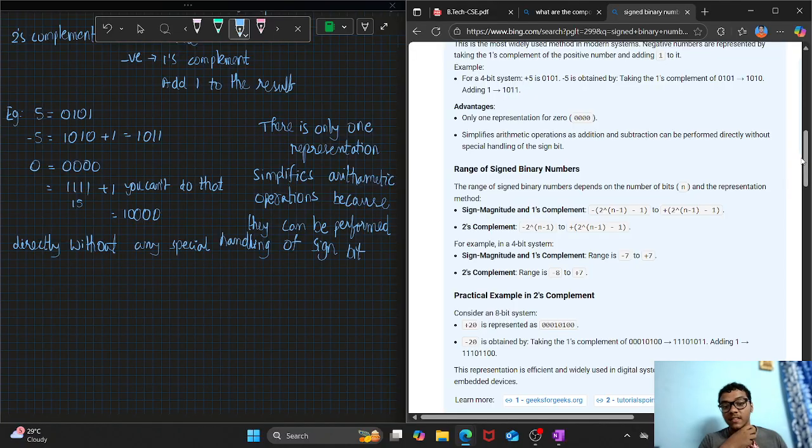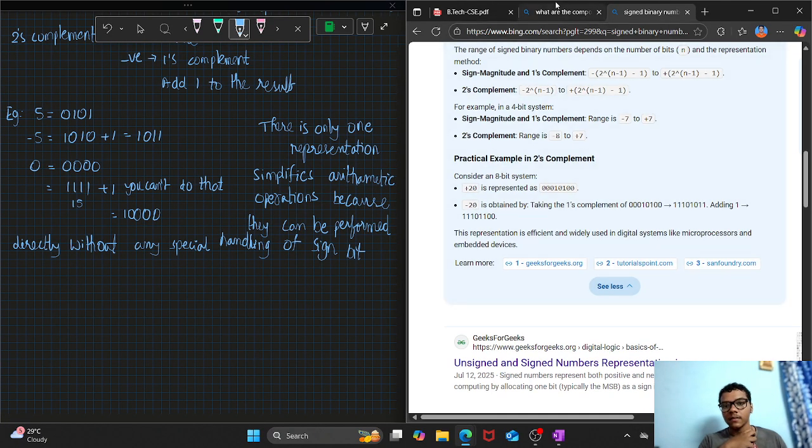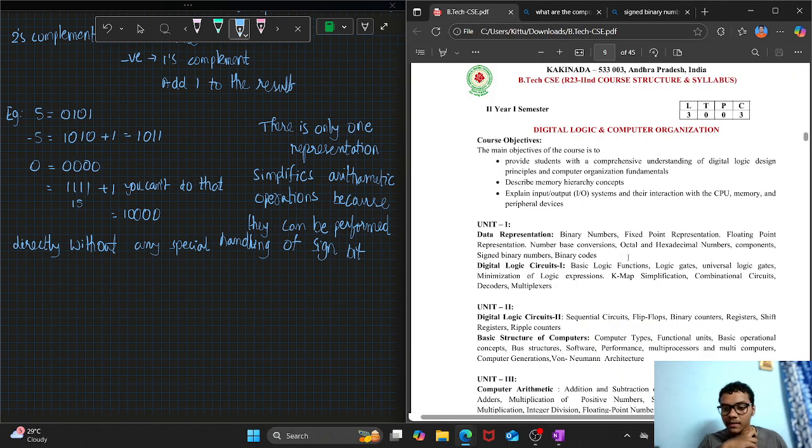So that is how you represent negative numbers. And we have done with that.